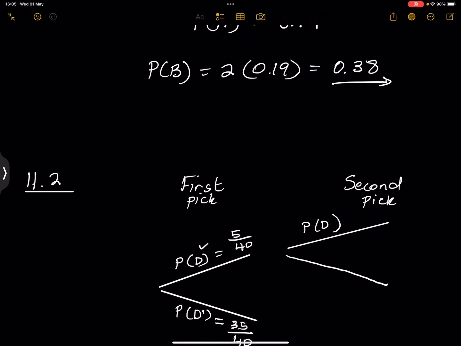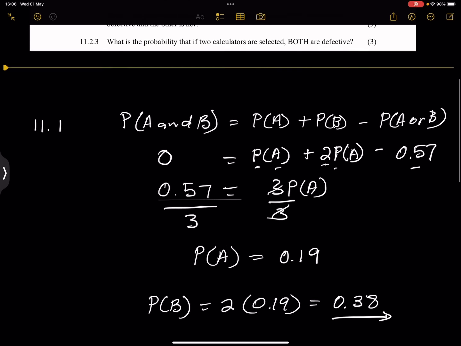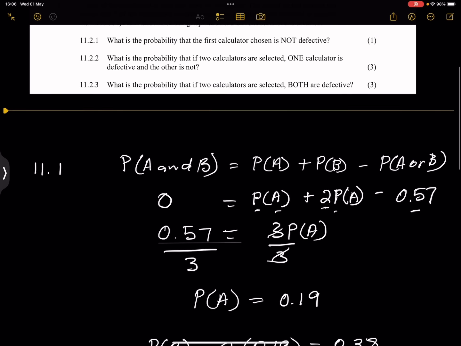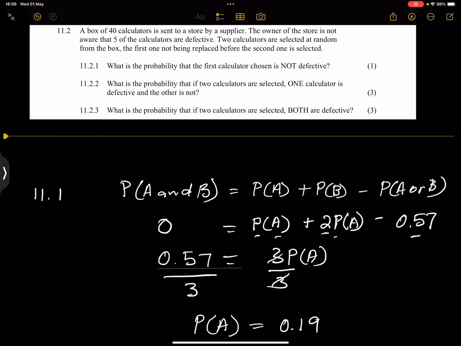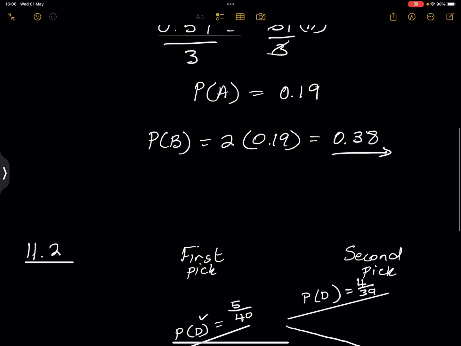How many calculators do I have left? It is going to be 4 defective, but out of how many? Out of 39, because remember, we are not replacing the calculators. So we're not placing them back. I want you to note that the first one not being replaced means that we don't put back the calculator after we have picked.